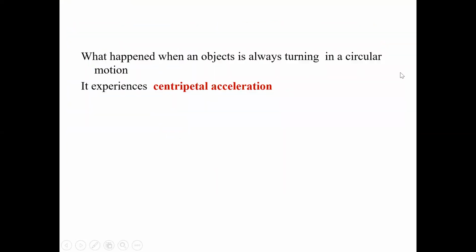Another type of acceleration is centripetal acceleration. When an object is always turning in a circular motion, it experiences centripetal acceleration.